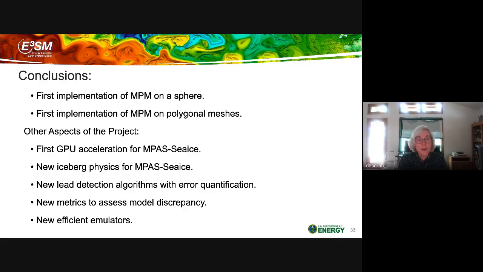Working on metrics to assess model discrepancy. That's particularly important when we get to modeling leads, which are discontinuities, and so metrics like L2 norms don't make much sense. And then we're also looking at emulators for Seaice to use for model calibration and simplified models of Seaice.